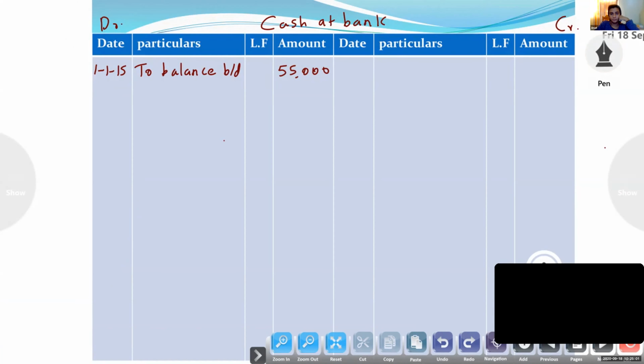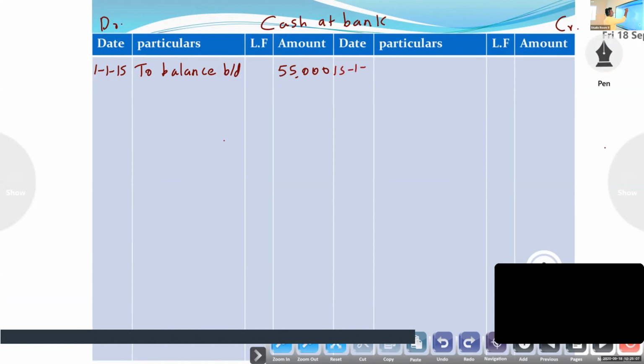So bank is credit, so we write 15, by Rohan account. The amount is the check given to Rohan, 6,000.